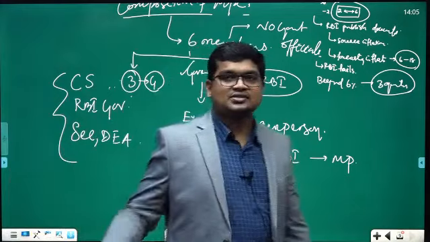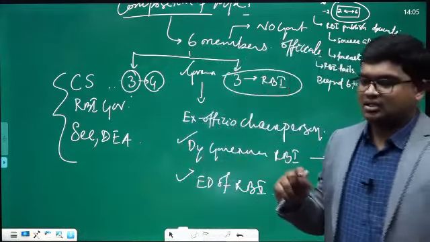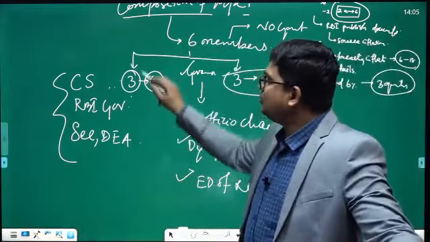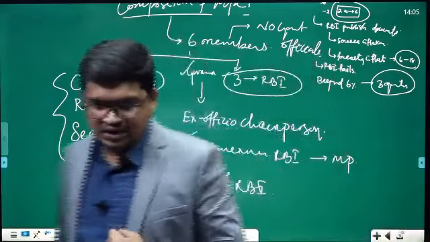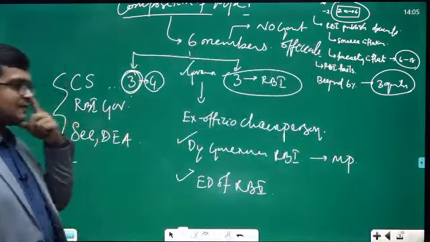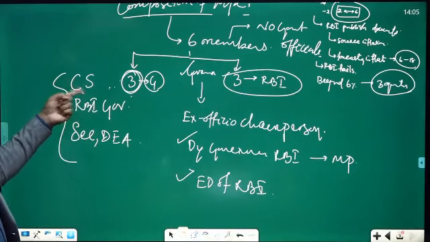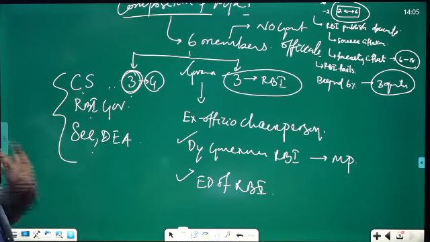This appointment committee would nominate these 3 members: the cabinet secretary, the RBI governor, and the secretary of the Department of Economic Affairs.